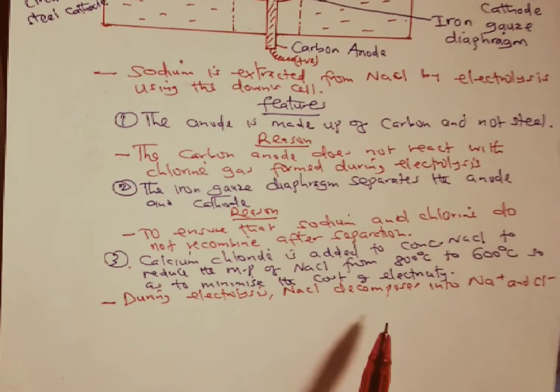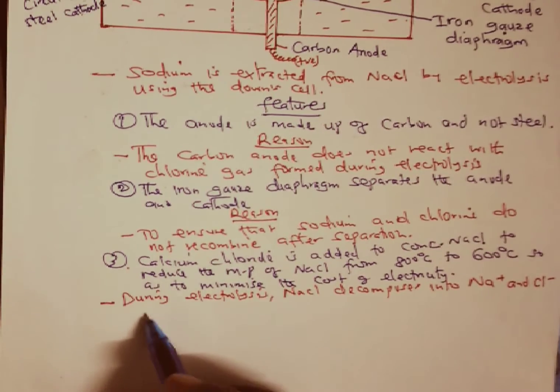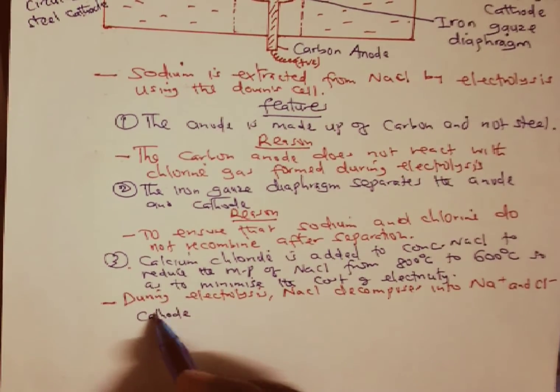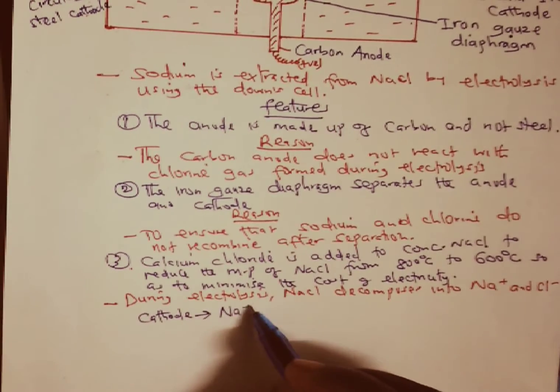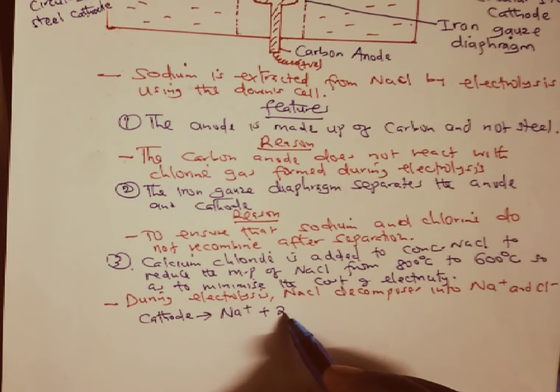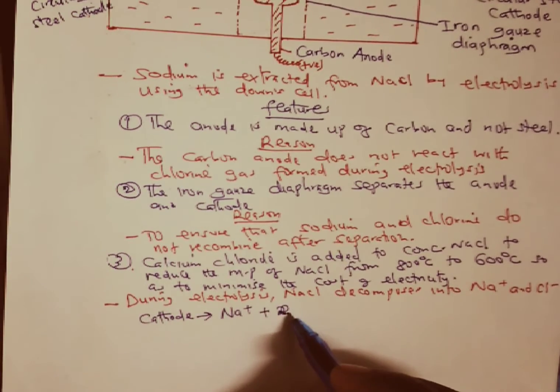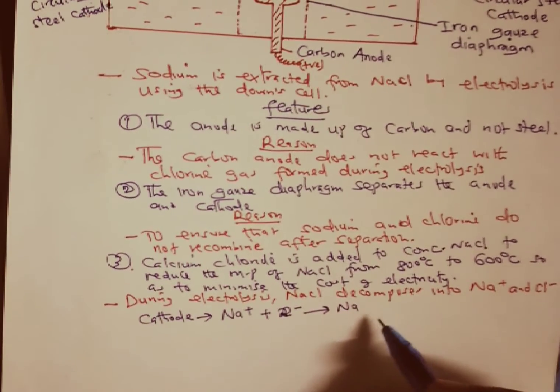So we have the cathode, where the cathode is negative, and the sodium ions are attracted to the cathode, where they gain electrons to form sodium metal.